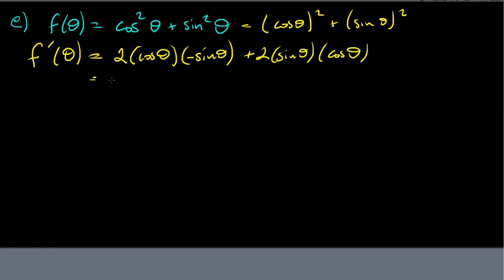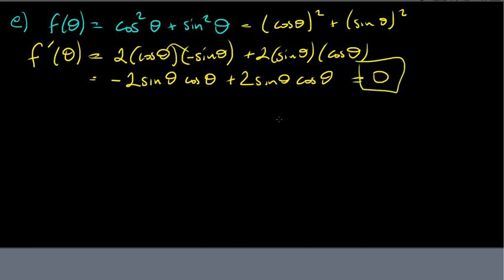And notice what we get here. We get negative 2 sine theta cosine theta, just switch places, plus 2 sine theta cosine theta. And even though these are just sine of 2 theta and negative sine of 2 theta, they add up to 0. So the answer is 0. But of course, the quick way to do this, right, cosine squared plus sine squared, you should know what that is.